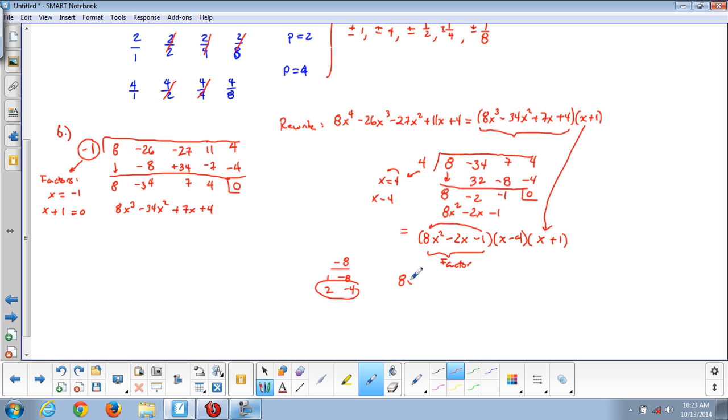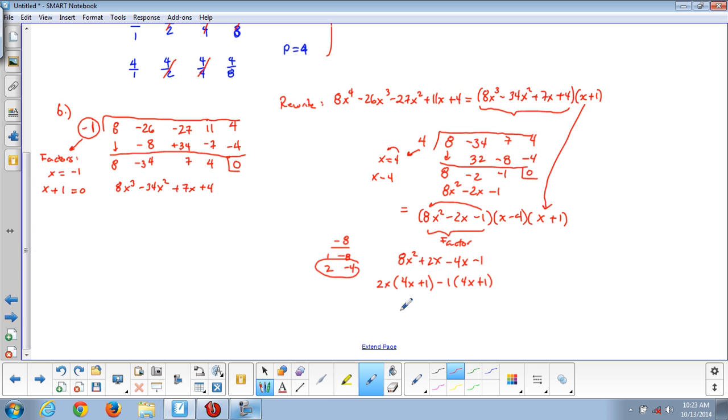So I'm going to rewrite 8x squared. The middle term I'm going to split up into our factors, plus 2x minus 4x minus 1. I'm only going to deal with these, so I'll put these down like I did this x plus 1 at the end. So now these two, they have in common a 2x, and I have 4x plus 1. These two, they have in common a negative 1, and I'll be left with 4x plus 1.